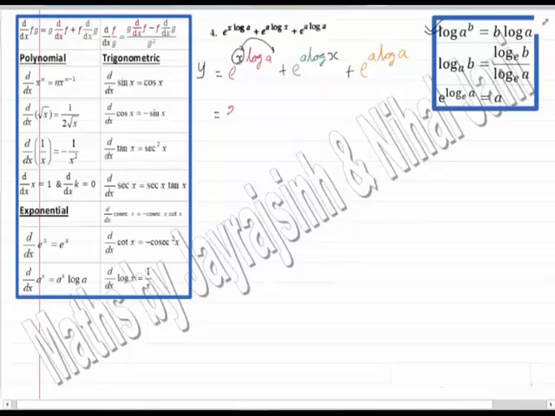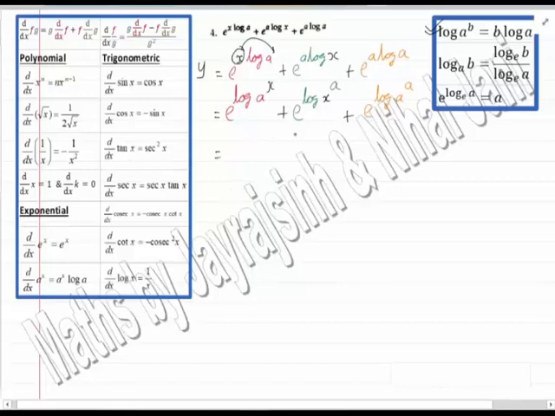So the first term will be e raised to x log a. Now the same property is used for the second term, so it will be e raised to a log x, plus e raised to a log a, right?